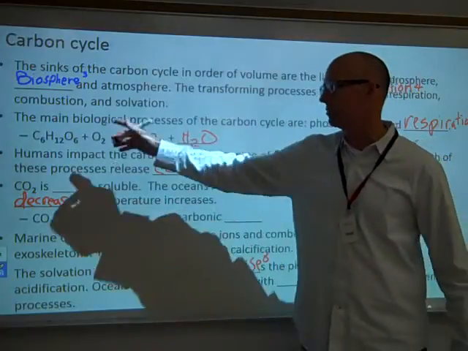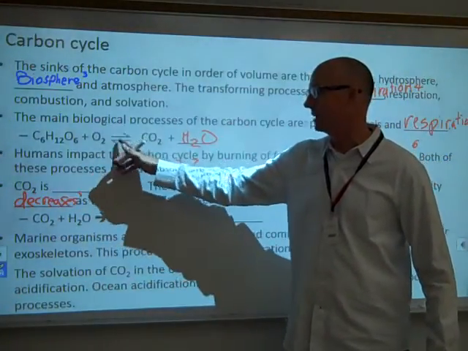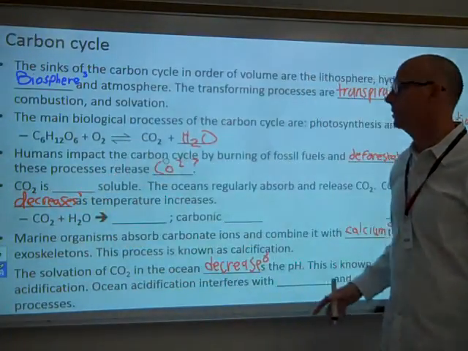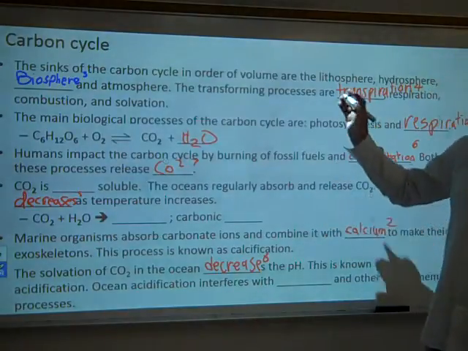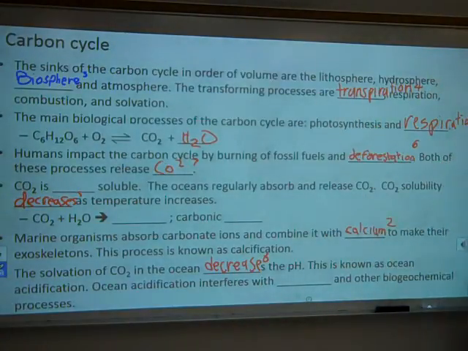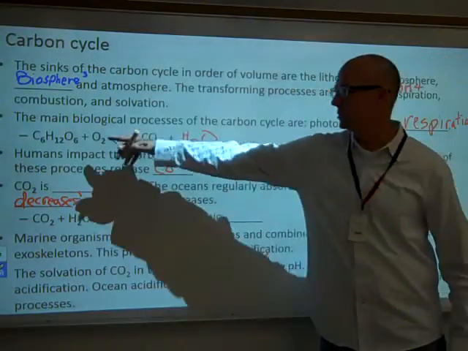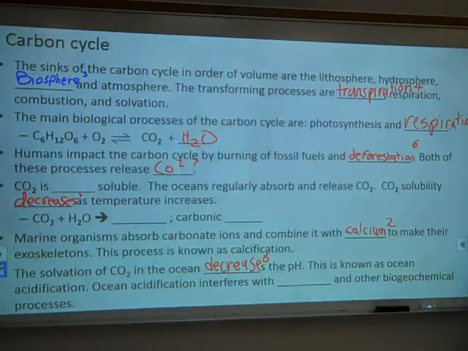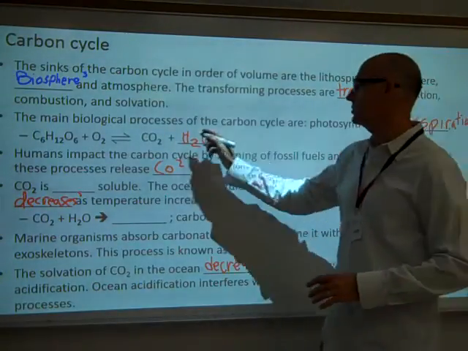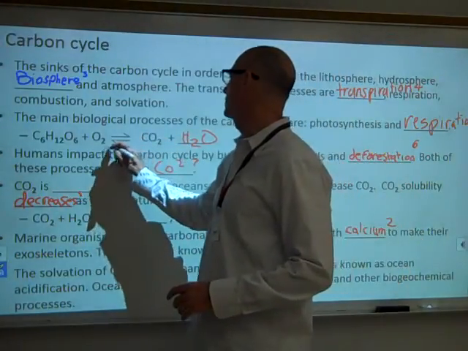This equation right here represents both, by the way. That's why I've got the back and forth symbols here. So which way is it going for photosynthesis? Left or right? It would be going left. That is correct. Everybody clear on that? Left. The photosynthesis part of this equation is going this way.